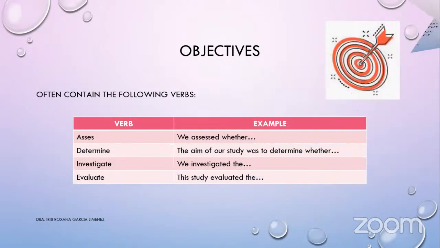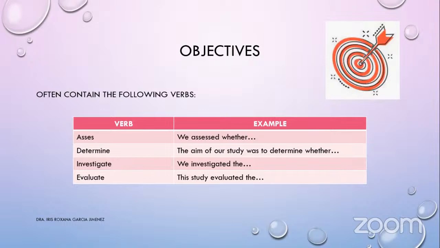When we talk about objectives, we check specific verbs. According to that, we have some examples to explain every verb. They always have to be in the past, because when you show this information, you are not making the study at that moment. You made it in the past, right? That's why it has to be in the past too.